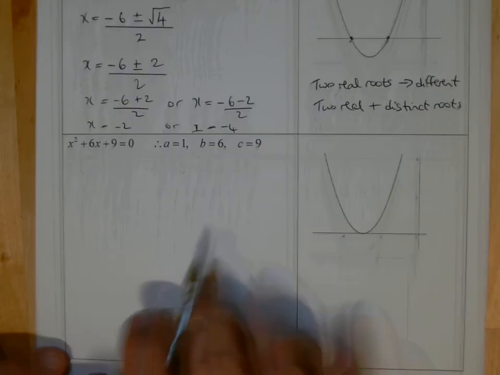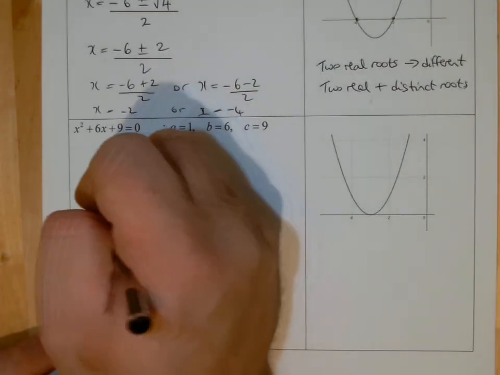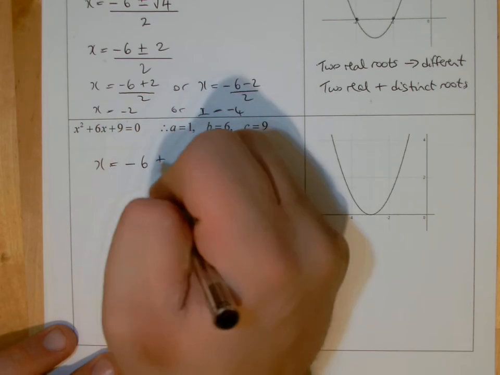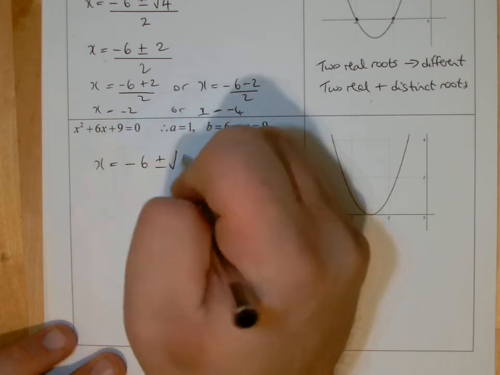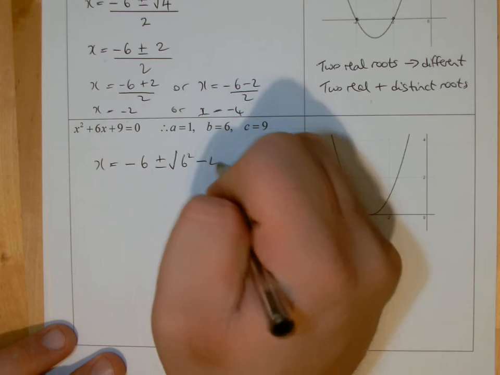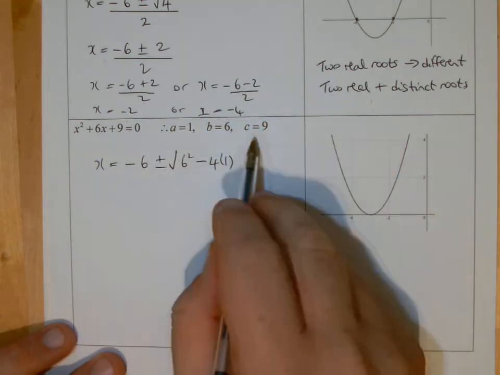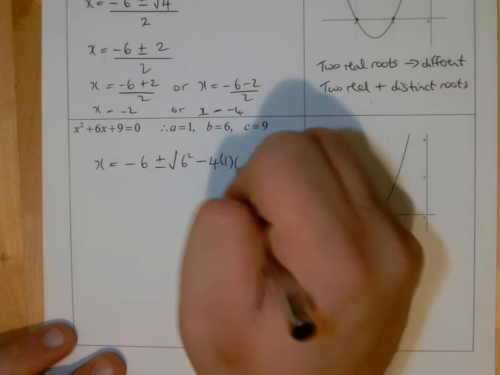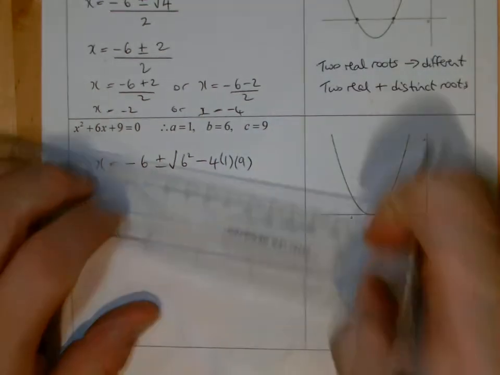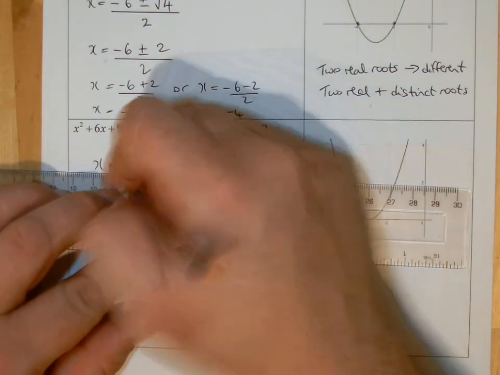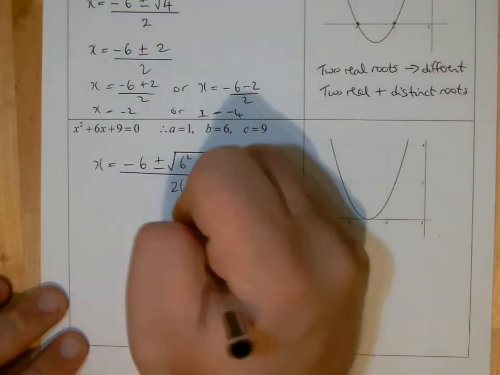When it comes to the second one, I've got minus b, so minus 6, plus or minus the square root of b squared, so 6 squared, minus 4 times a, which is 1, and times c, which was 9, all over 2a, so that'll be 2 times 1.